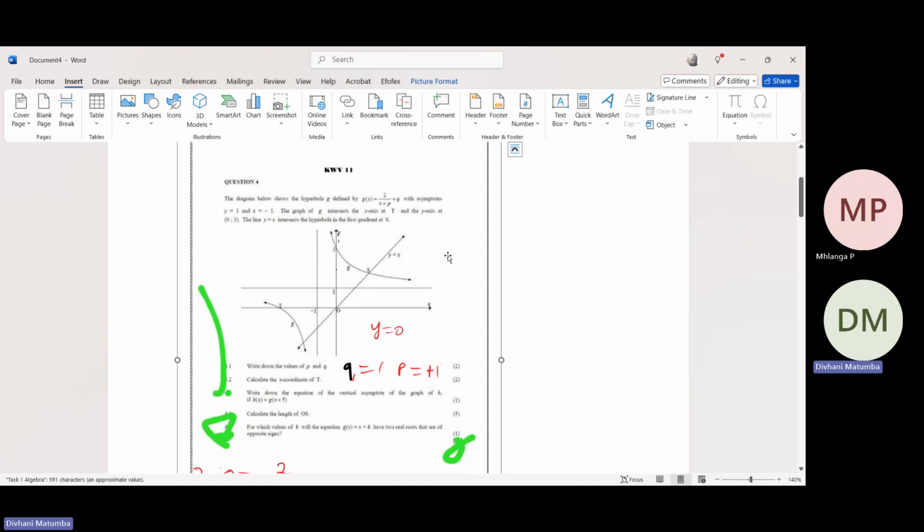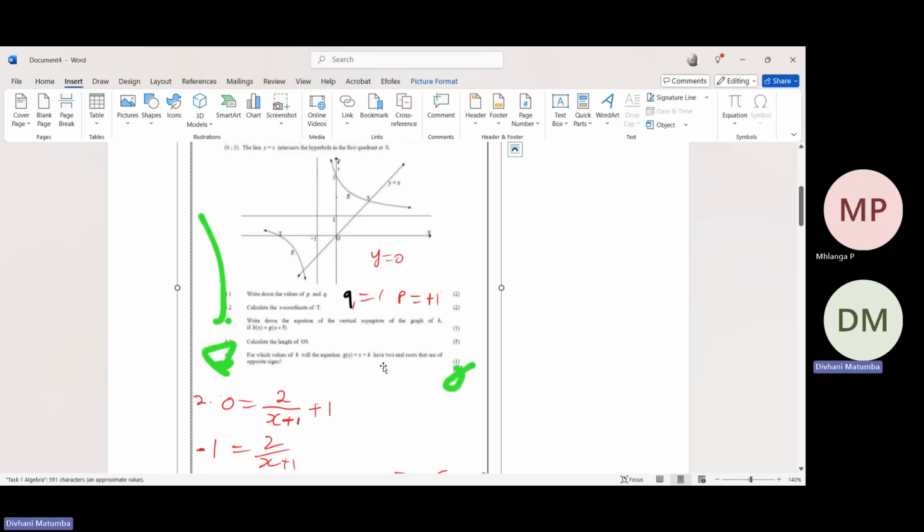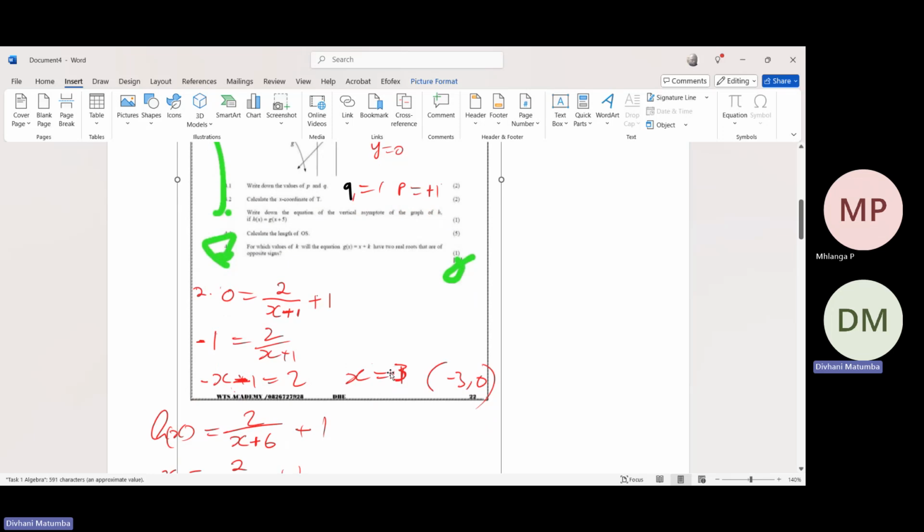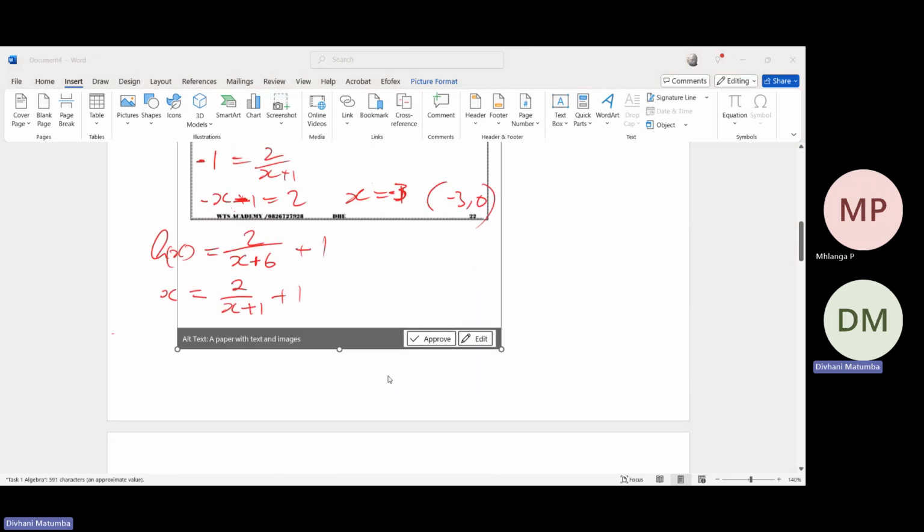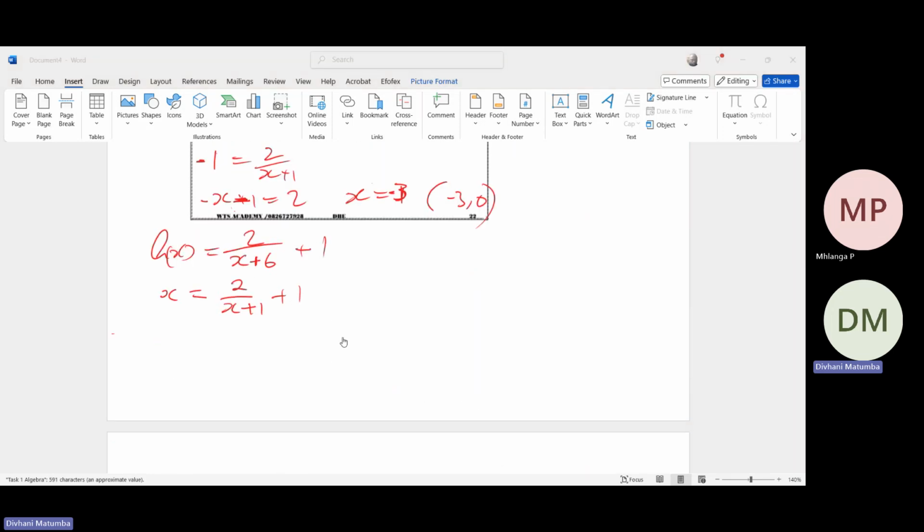Do you agree that at point S is where the two functions, the straight line and the hyperbola, meet? Where they meet, we can just equate the two functional expressions, because one is y equals x and the other is y equals this.